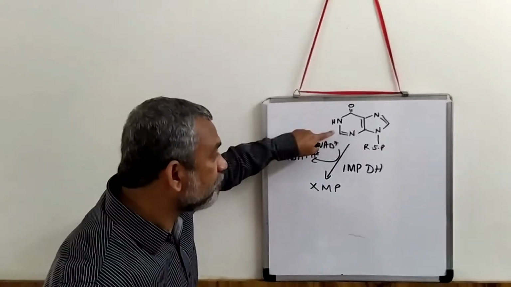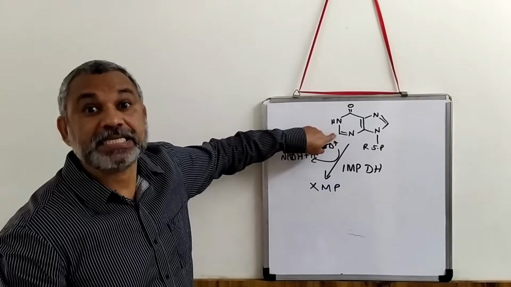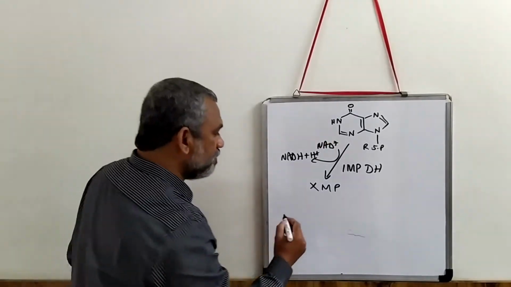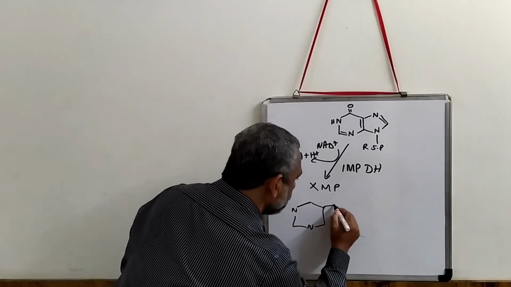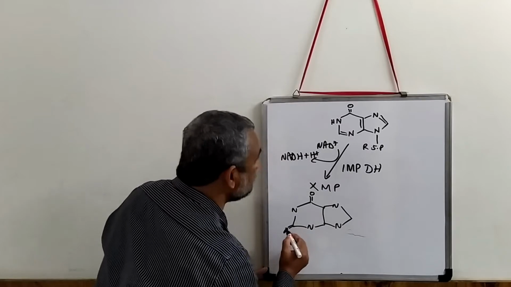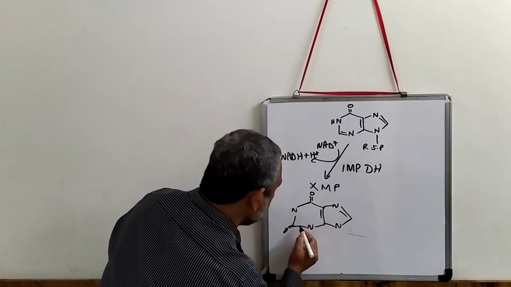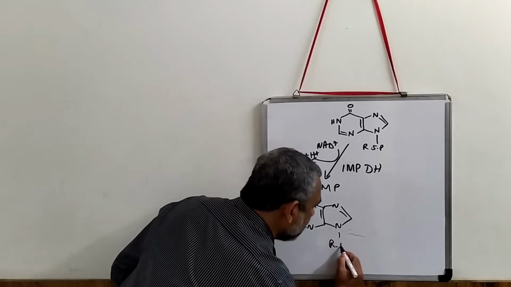How is it structurally different? There will be a keto group attached here. That is xanthine monophosphate. Then we draw the structure. So a keto group is attached here, H, okay, with the ribose 5-phosphate.